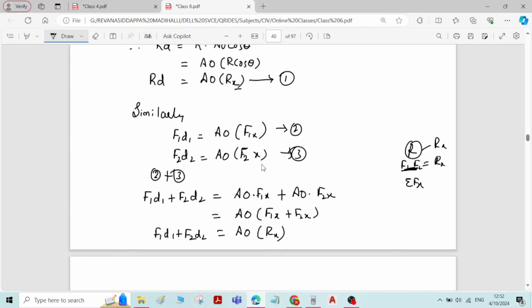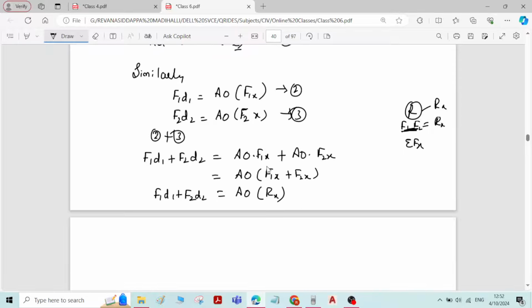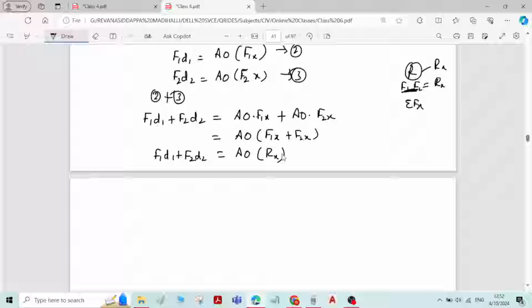Therefore we can equate F1x plus F2x to Rx: the sum of horizontal components of the system of forces is equal to the horizontal component of the resultant force. You can call this equation number 4.